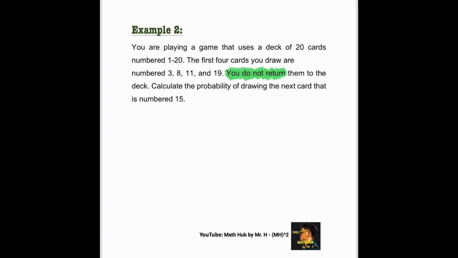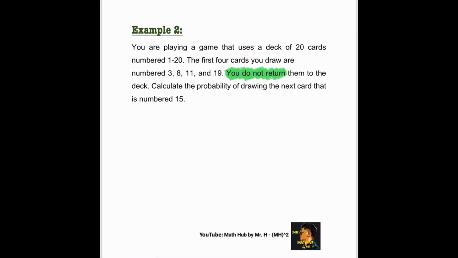Not returned, not replaced, definitely the probability of the next event will be affected by the previous events that already occurred. Which part of the calculation is affected?